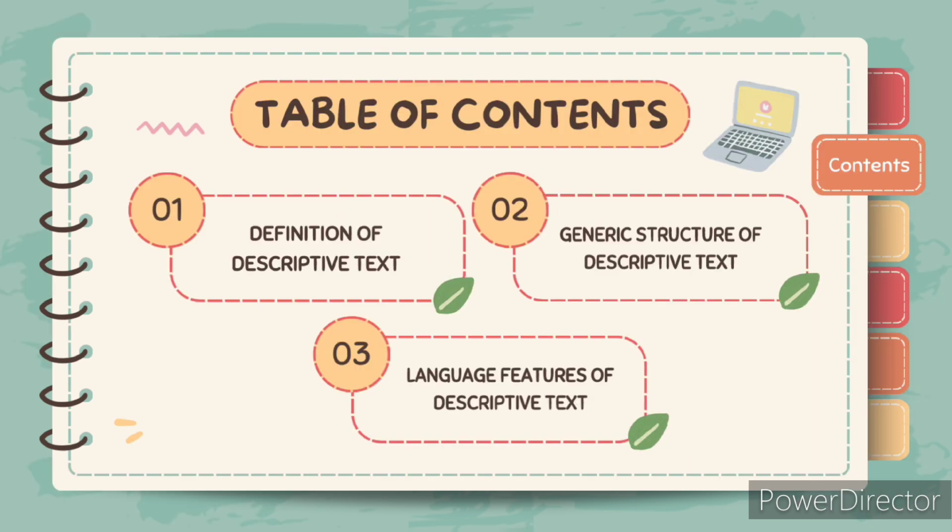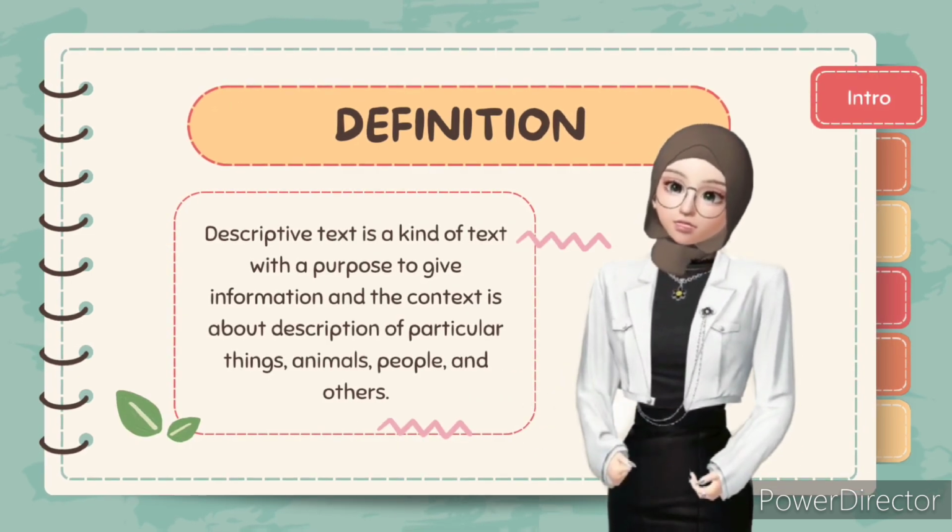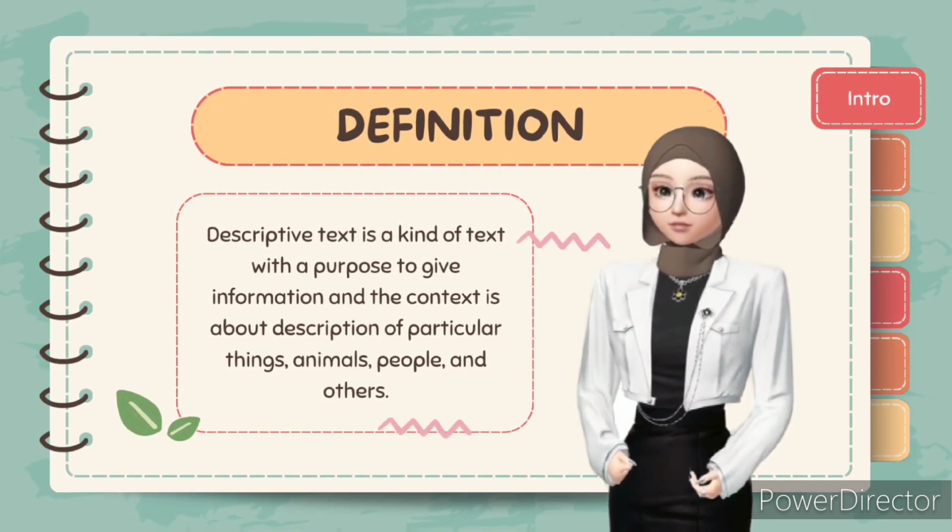Okay, we'll study about the definition of the descriptive text, and the generic structure and language features. So these two are what we need to make descriptive text. Here's the definition of descriptive text.